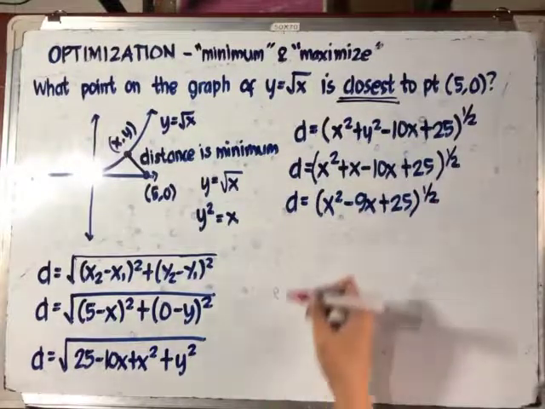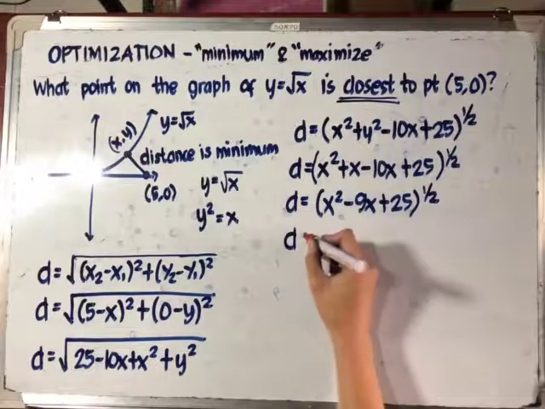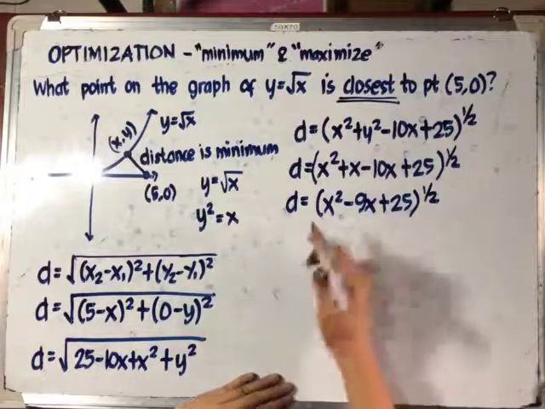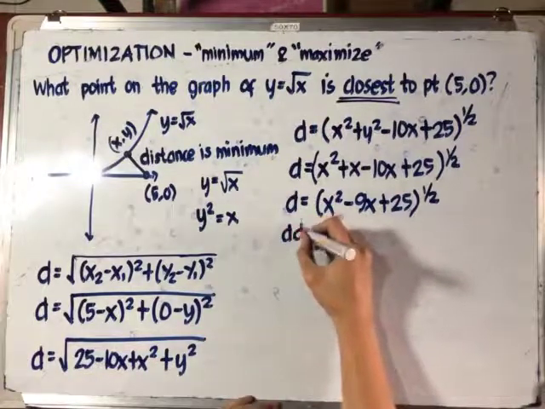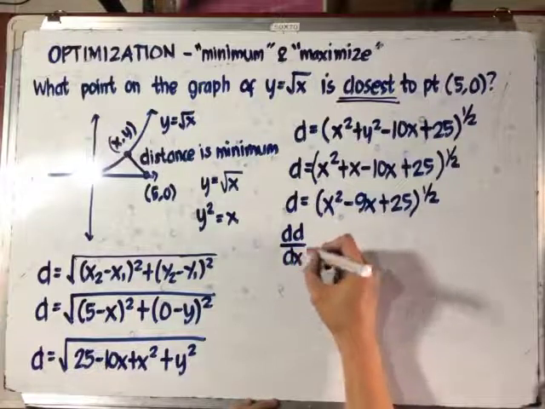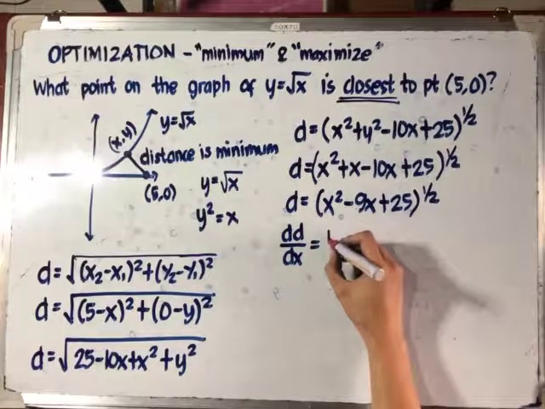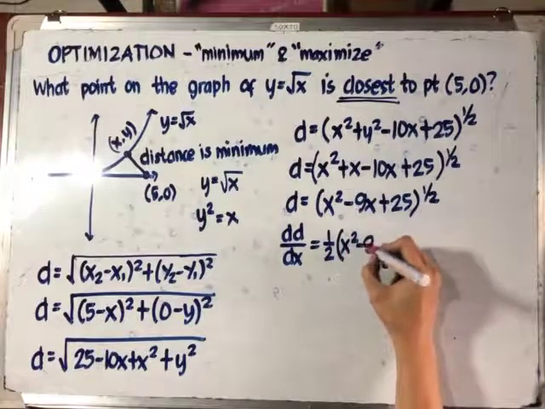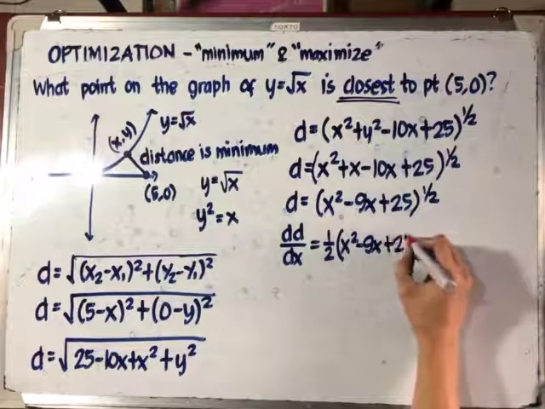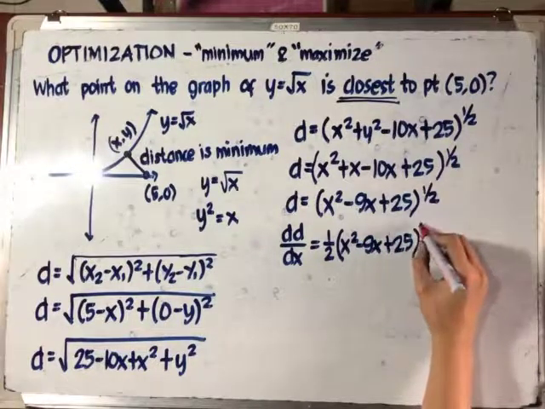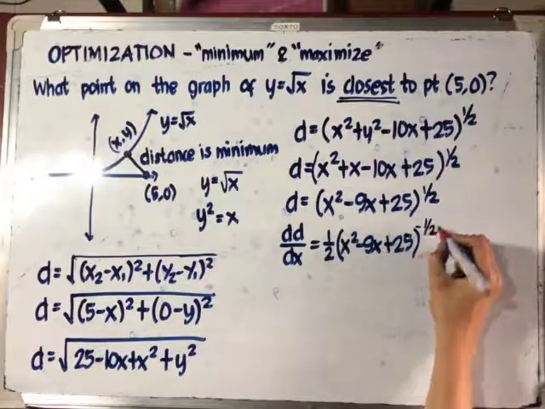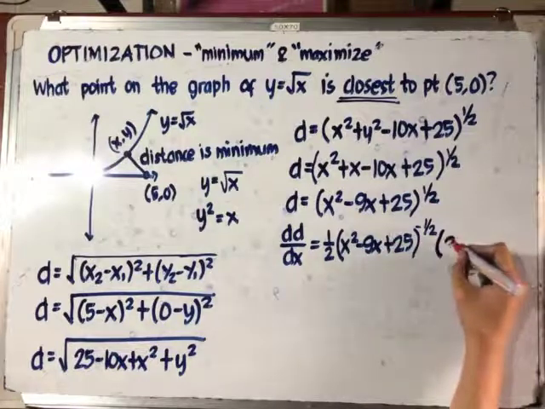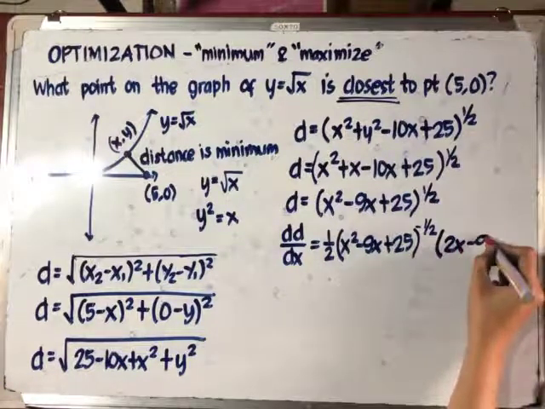Now that it's in one variable, we can perform differentiation. dD, the derivative of the distance D with respect to x, is 1/2 by the chain rule, times x squared minus 9x plus 25 raised to negative 1/2, because that is 1/2 minus 1. And don't forget to differentiate what is inside, that would be 2x minus 9.